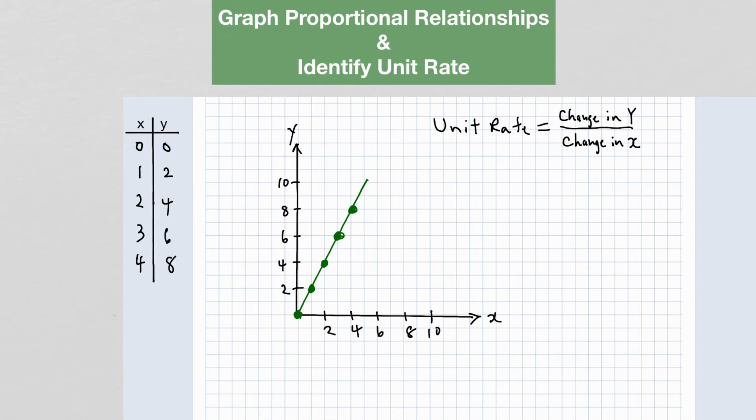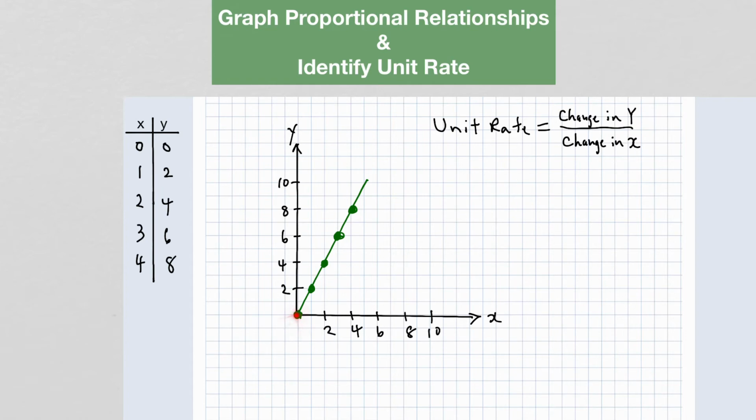Another way to put it is, what does it take to move from one point, let's say here, to this point? Okay, so we have to go up the y-axis first, because the unit rate is the change in y over the change in x. So it's got to be y over x.